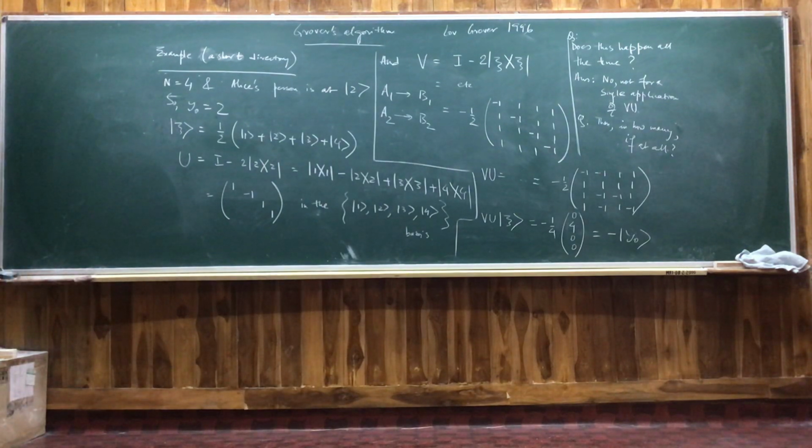For a given position, say y naught, V is always the same, irrespective of y naught. But for a given position of y naught, U is unique. Right? Yes, exactly. So if y naught is 2, then we have -1 at the second position and so on. So if it is successful this time, why won't it be successful always? Because U is unique for... Oh, no, it will be successful.